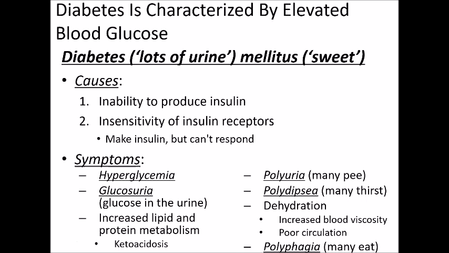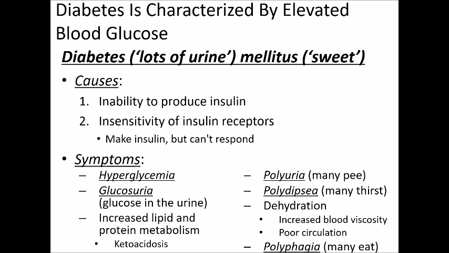The other thing that we see sometimes is something called polyphagia. Polyphagia means many eat, poly many. Phagia refers to eat. So people are often hungry because the cells are telling the brain, basically, that they don't have enough fuel because they're not getting the glucose. So those are just pretty common symptoms that we see.